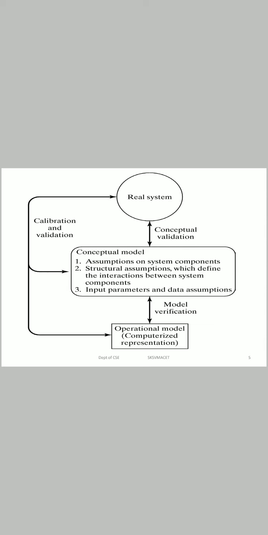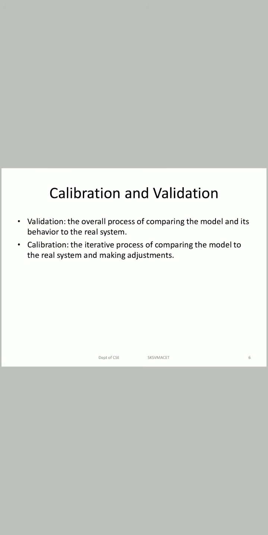There is a two-way link between the real system and the conceptual model, and the conceptual model leads to the operational model, which is the computerized representation. As I said at the beginning of the simulation study, in the computer representation the logical structure of the model should be correctly represented.